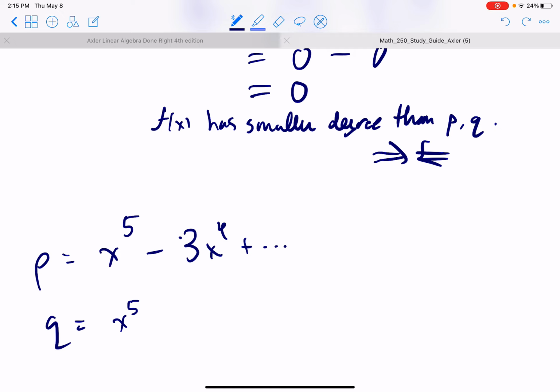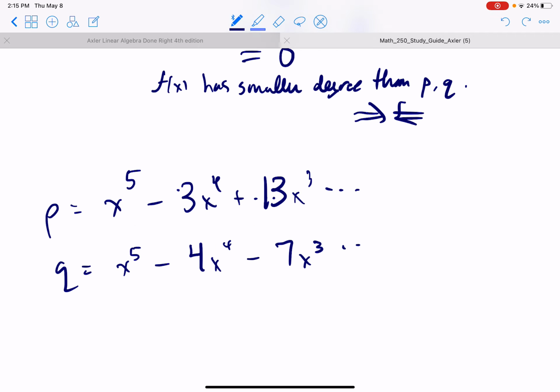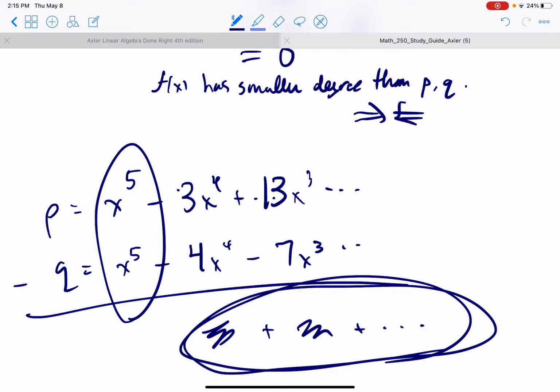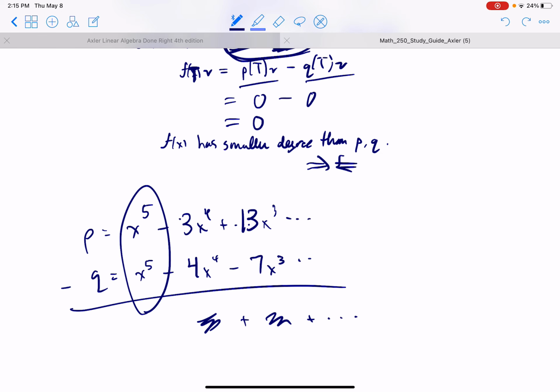This can't happen, because if you subtract them, you get a polynomial of lower degree, degree 4 or degree 3. And this would satisfy the same requirements as a minimal polynomial, but have smaller degree. So then p and q weren't minimal in the first place.